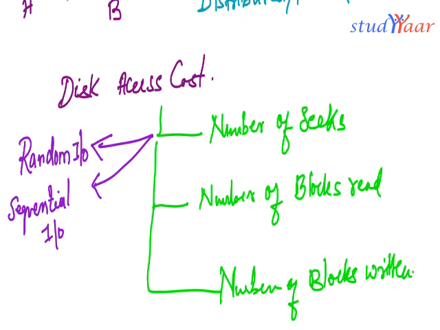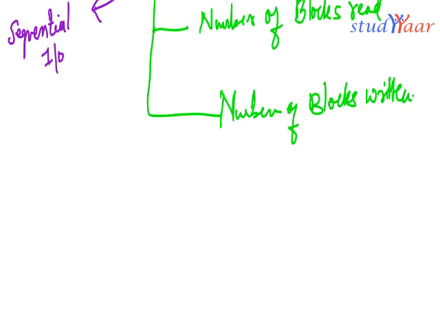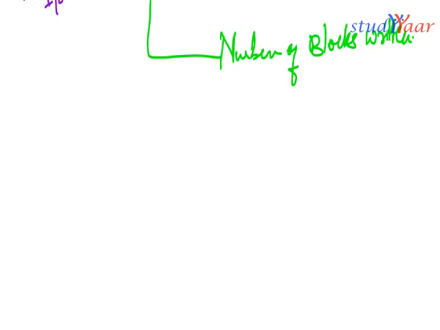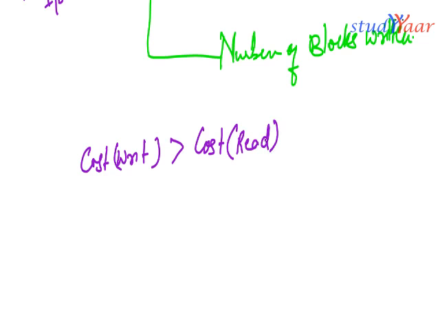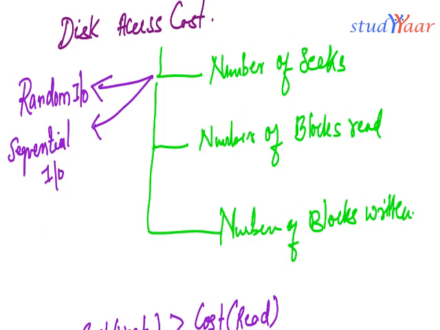Similarly, my cost for reading a block and writing a block would be different. Normally the cost for writing is much greater than the cost of reading. Why? Because while writing I have to double check, I have to read what I have written to ensure that it has been written properly. So even that has to be taken into account.